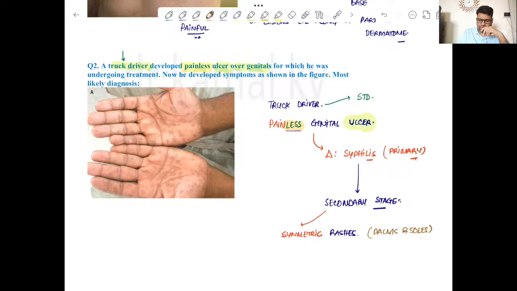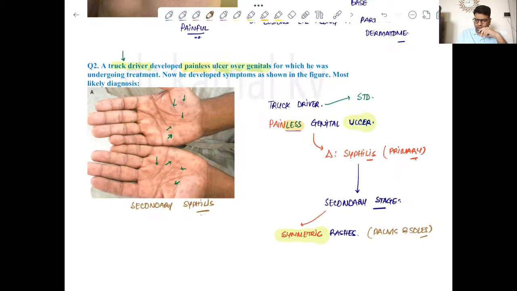In this picture you can see these are all rashes. These spots are present in both palms, and they look similar in configuration, and therefore we are using the word symmetric, almost symmetric. So this is a case of secondary syphilis.